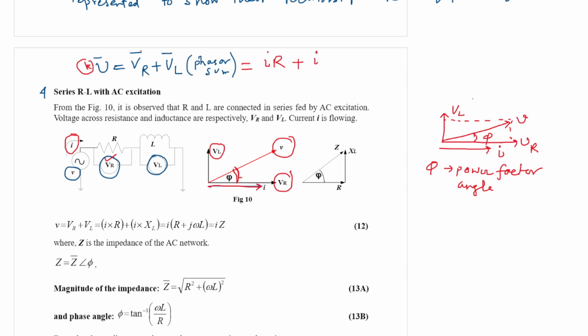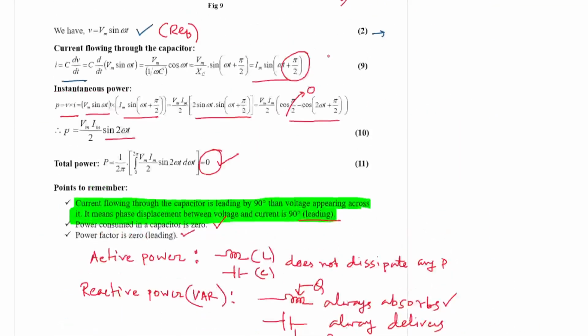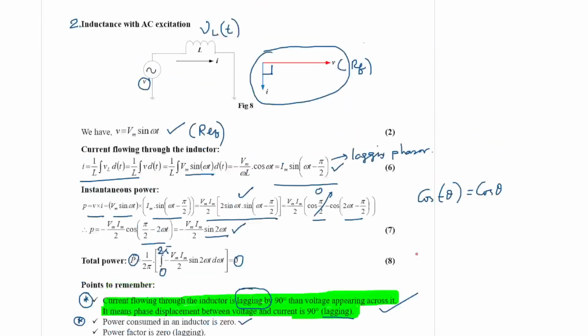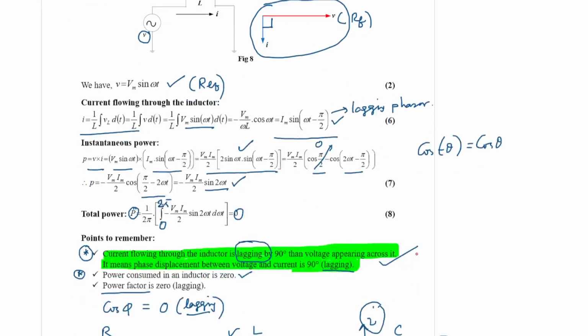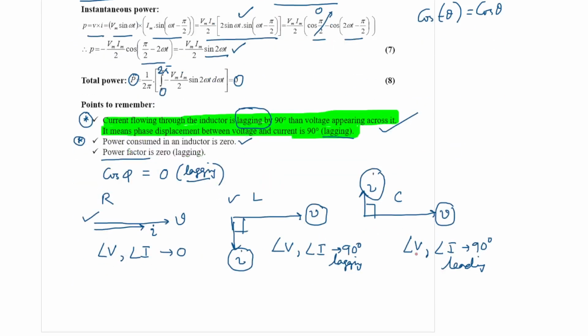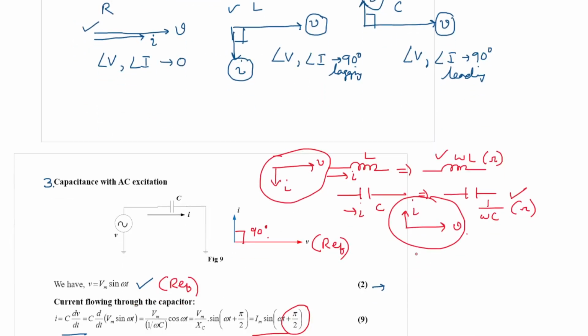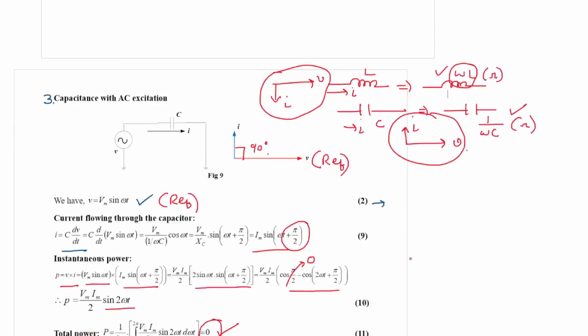VL is equal to I into XL, because we have previously seen that an inductor provides a reactance of XL, which is equal to omega L.